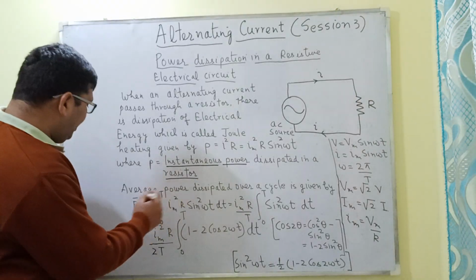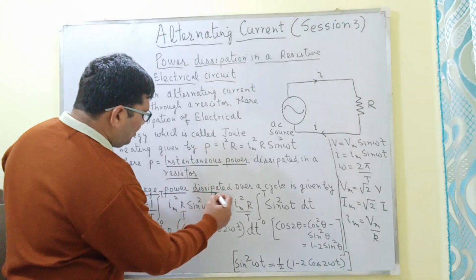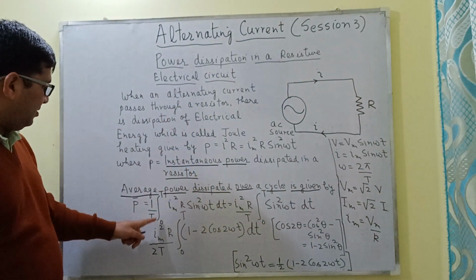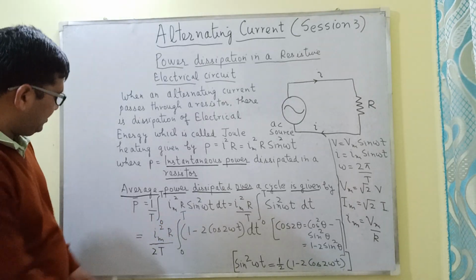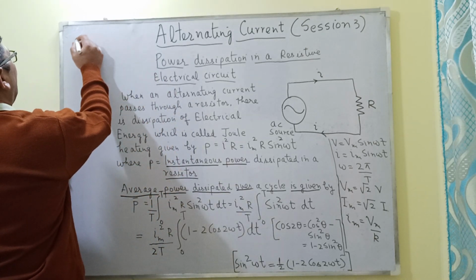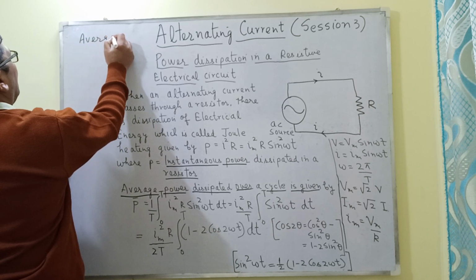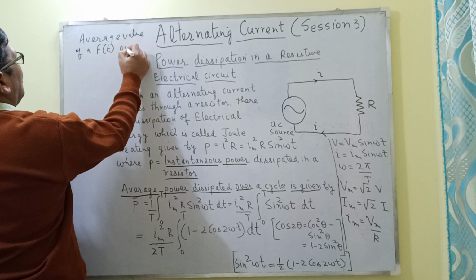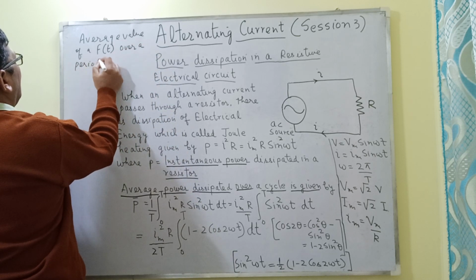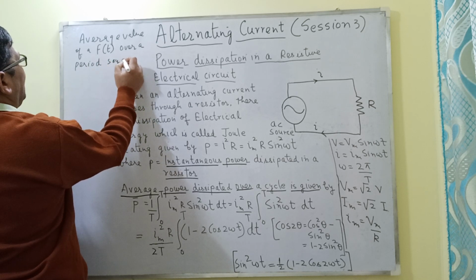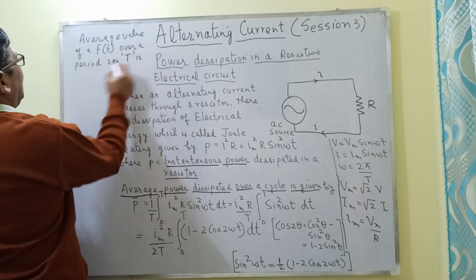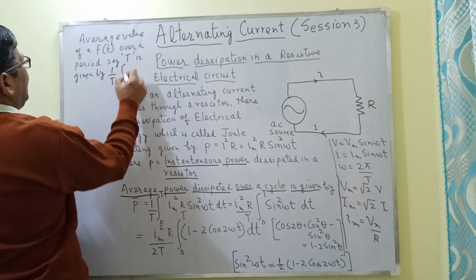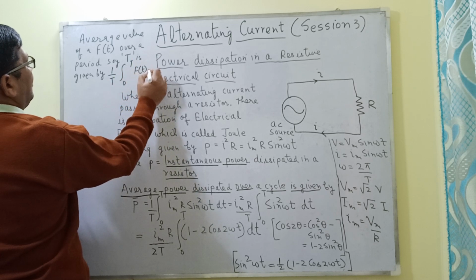Now the average power dissipated over a cycle is given by 1 by T. I will just write it here that the average value of a function, say f(t), over a period, say T, is given by 1 by T, integration from 0 to T, f(t) dt.